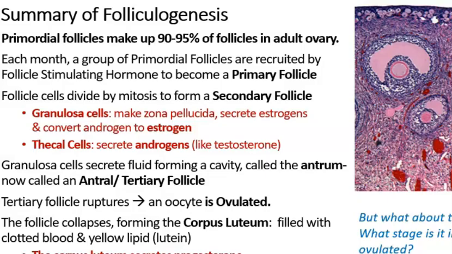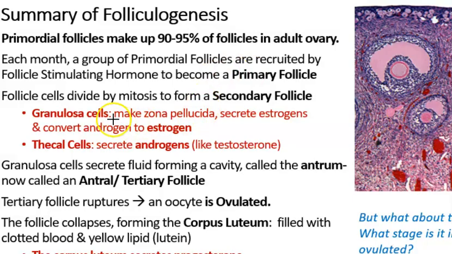Within the primary follicles, cells divide by mitosis to form a secondary follicle. So there are layers of cells. I'm going to pretend that this is just one layer of cells surrounding an oocyte. I think it is. That would be a primary follicle, whereas the one above it would be a secondary follicle because there are layers of cells.